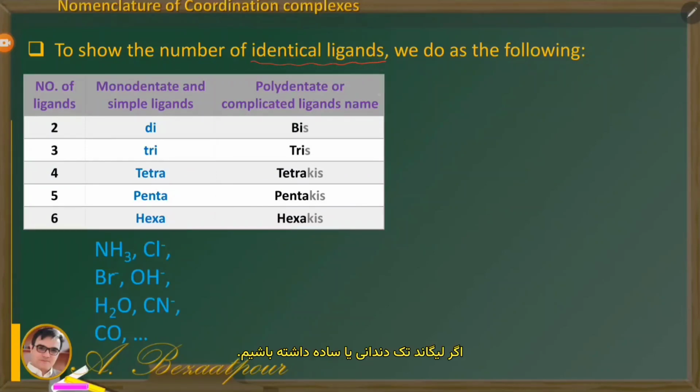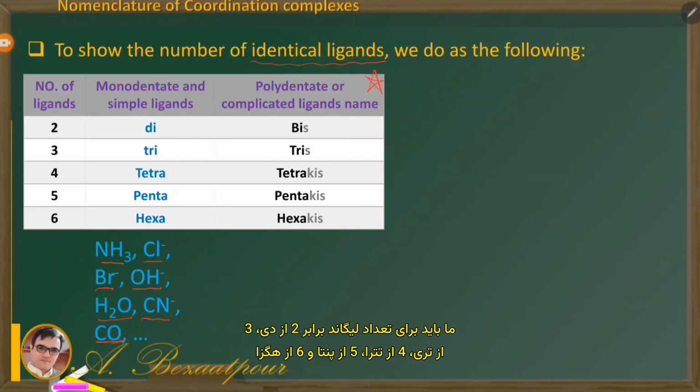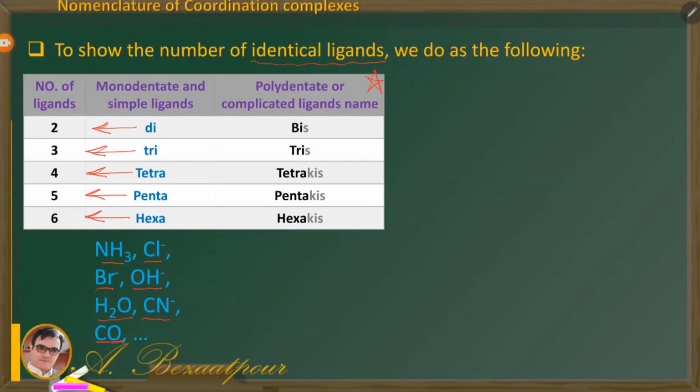If we have monodentate or simple ligands such as amine, chloro, bromo, hydroxo, aqua, cyano, carbonyl, we have to use the prefix di for 2, tri for 3, tetra for 4, penta for 5, and hexa for 6 ligands in the nomenclature of the complex.